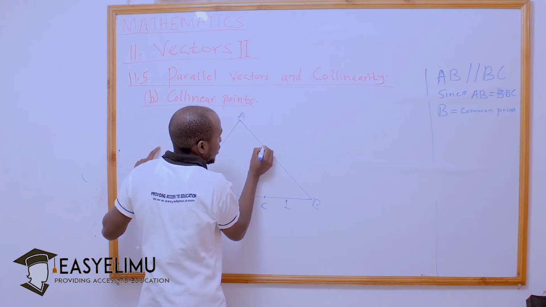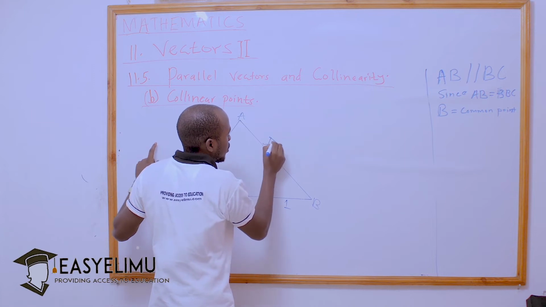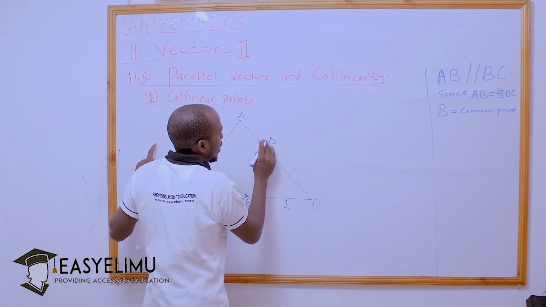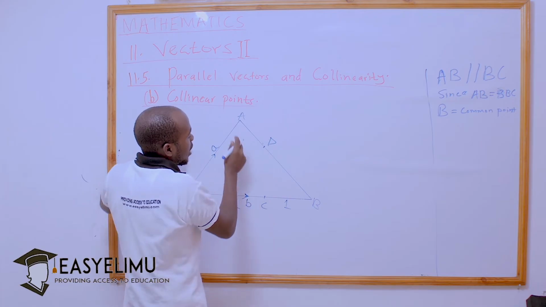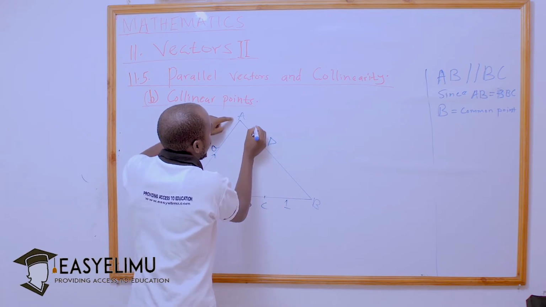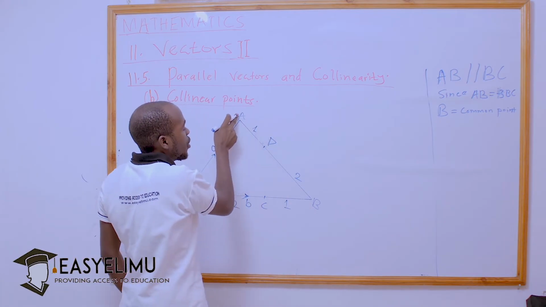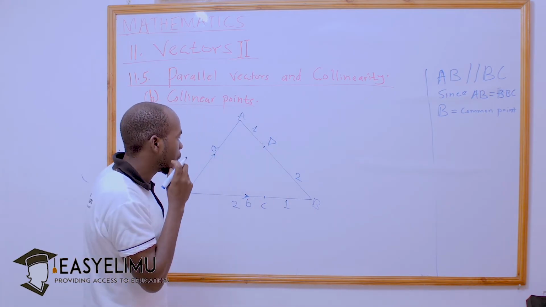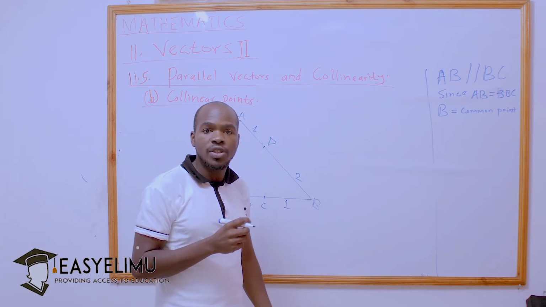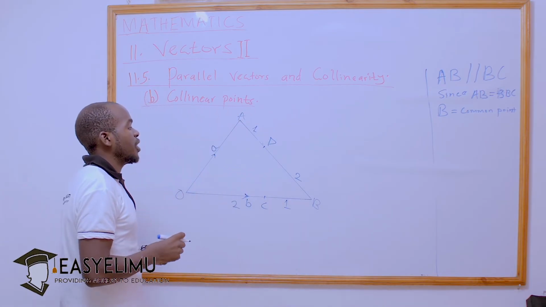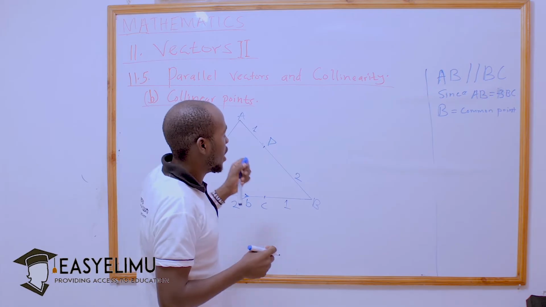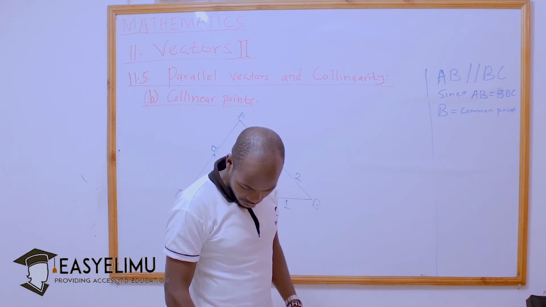So meaning D may be at this point, we may have letter D at that point, such that AD to DB is 1 to 2. So from A to D will be like 1 and D to B is 2. That is what they are referring to with the 1 to 2 in case it's AD to DB.